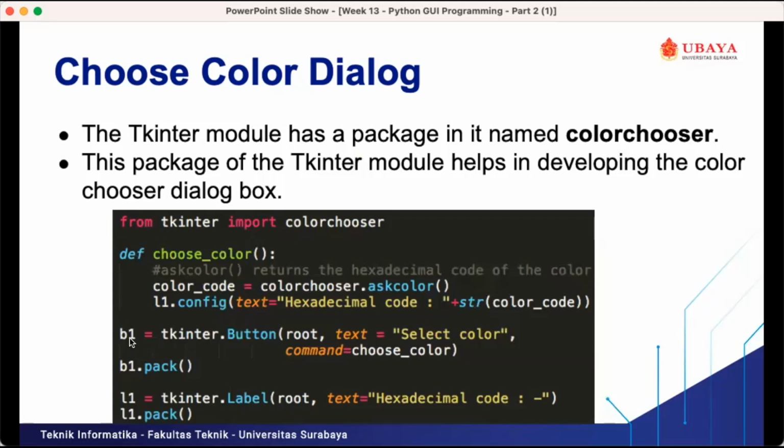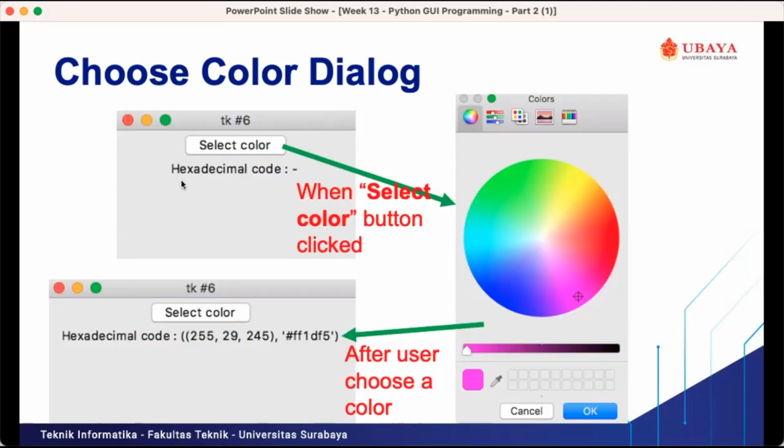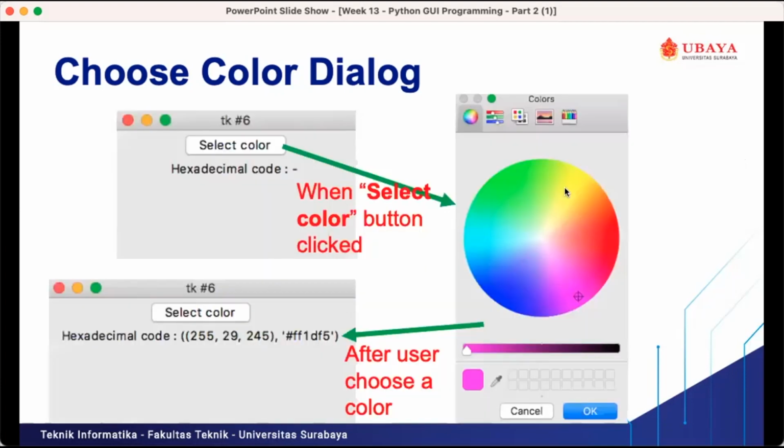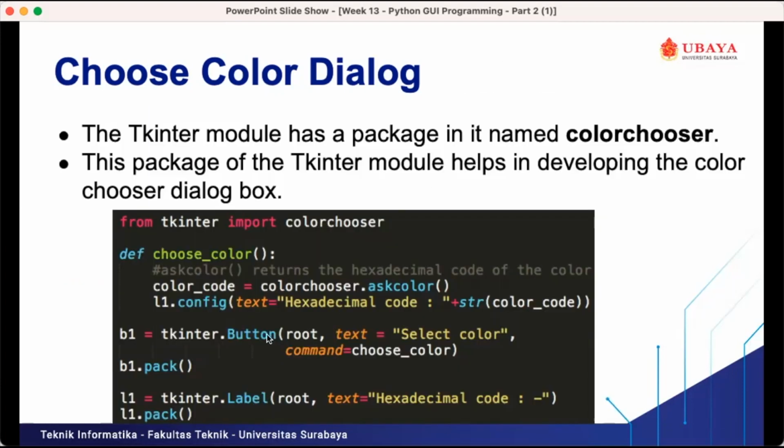That's why in P1, which is the select color button, we create a tkinter button, then we place it into root UI. Then for the command here, we call the choose color function. Inside the choose color function, we have color code equal colorchooser.askcolor, which will call this UI, the color chooser UI.